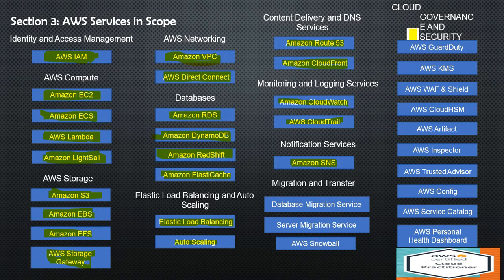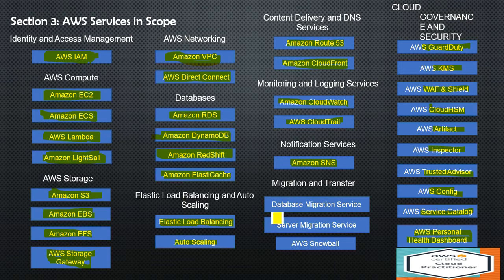So then you have cloud governance and security. Inside that we have GuardDuty, KMS, Key Management Service, and then you have WAF and Shield. And then you have CloudHSM, Artifact, Inspector, Trusted Advisor, AWS Config and Service Catalog, and the last one is the AWS Personal Health Dashboard.